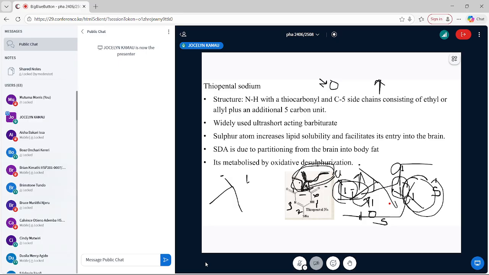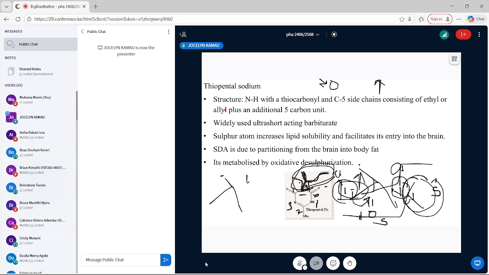I cannot discuss the barbiturates in detail because, as I've said, you will discuss barbiturates as a unit when you do, I think, PHA 2513. You should have done it first, but I've discussed that for the benefit of those who have not done barbiturates, so that they may not feel like they don't understand.